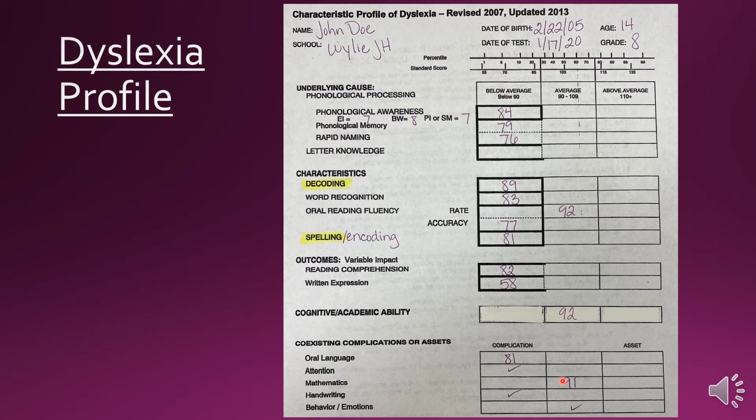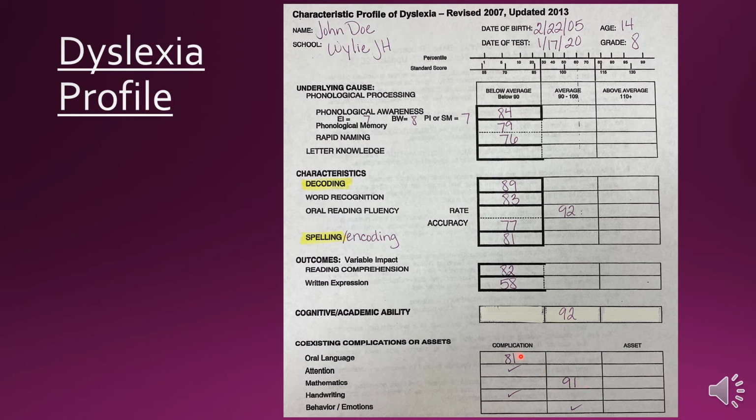His math was average. That is something we look for, whether the math skills are in the average zone versus reading. He could have had dyscalculia or a specific learning disorder with math, but in his case, he was doing fine.